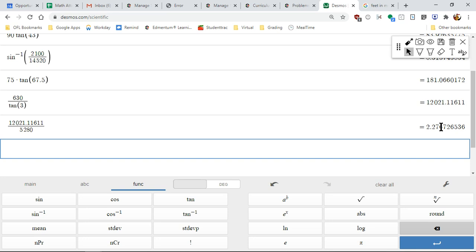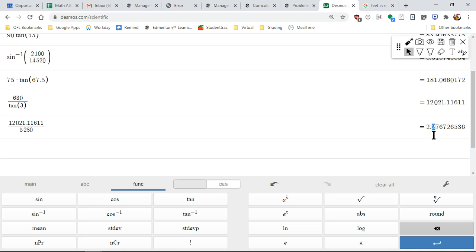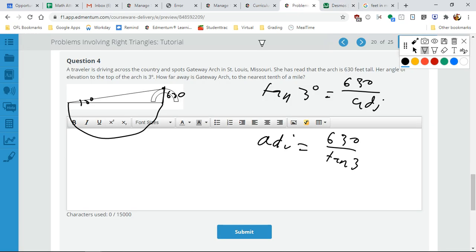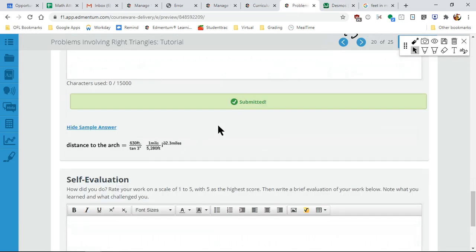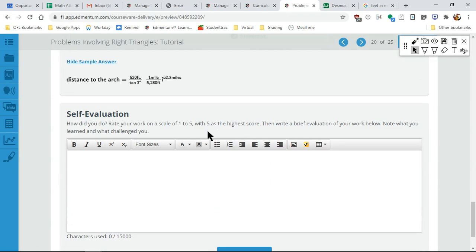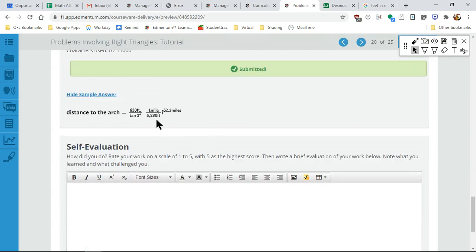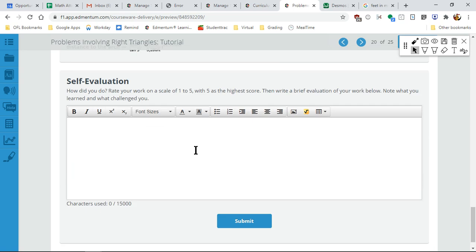It wants the nearest tenth, so we look at this 7, so it's 2.3. So this becomes 2.3. I don't know what this little weird symbol is, but 2.3 is our answer.